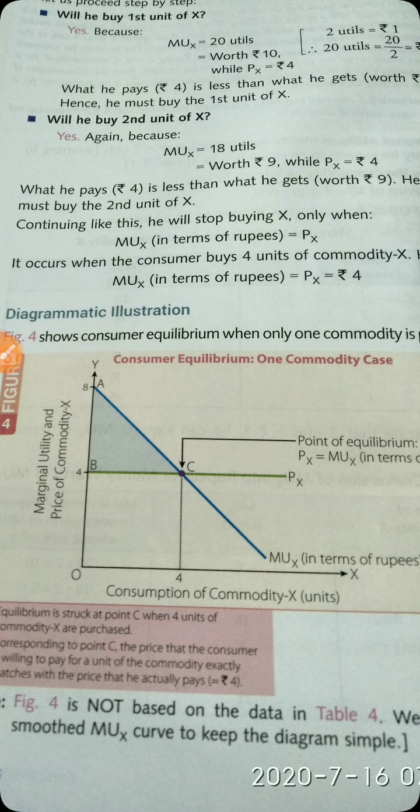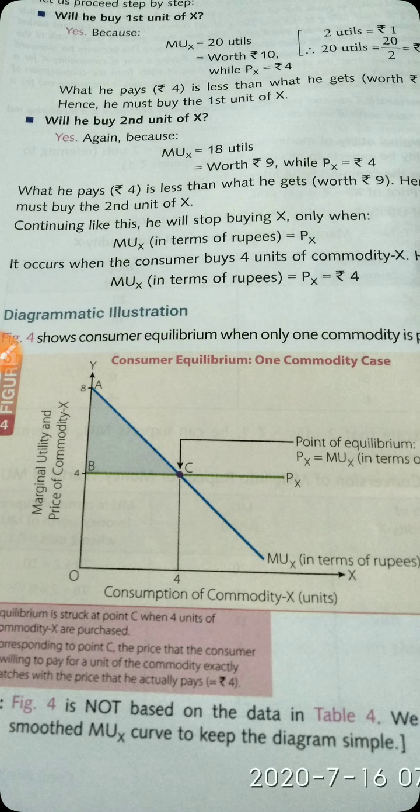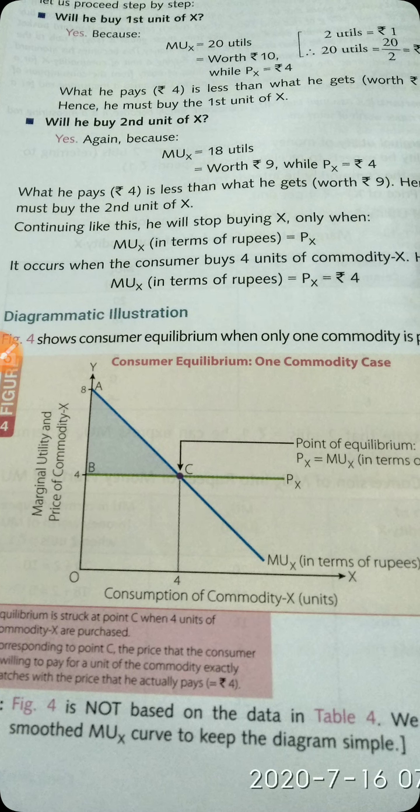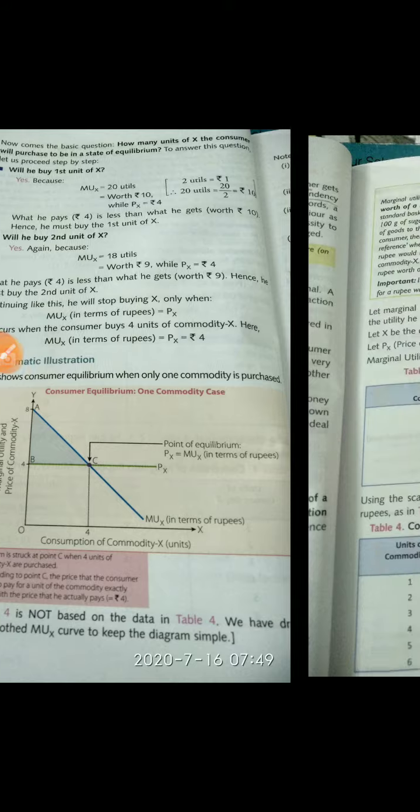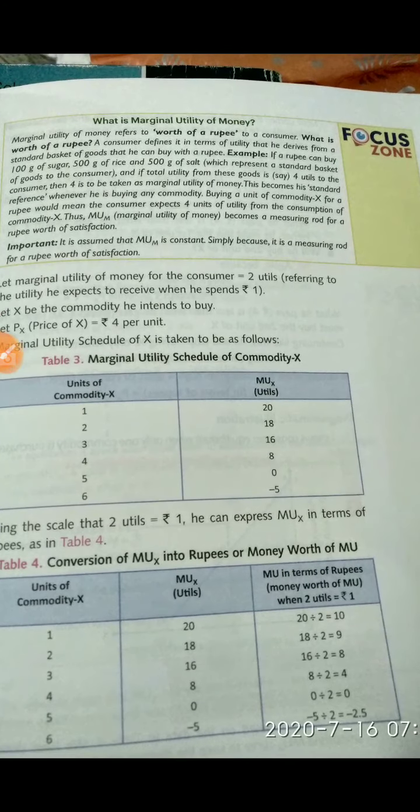Continuing like this, when will he stop buying X? Again, have a look at the same figures. At the fourth unit, he spends rupees 4 per unit and gets goods worth rupees 4. No profit is there. So there, marginal utility of the commodity is equal to the price of the good.